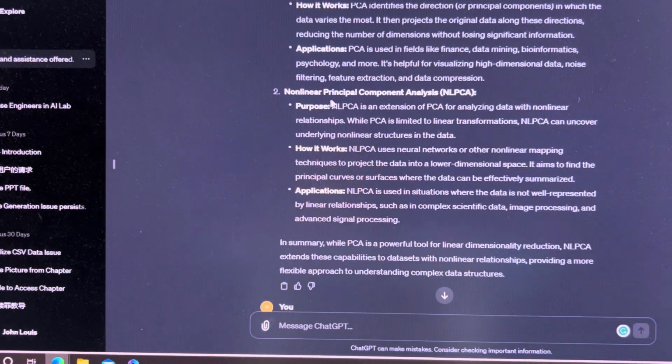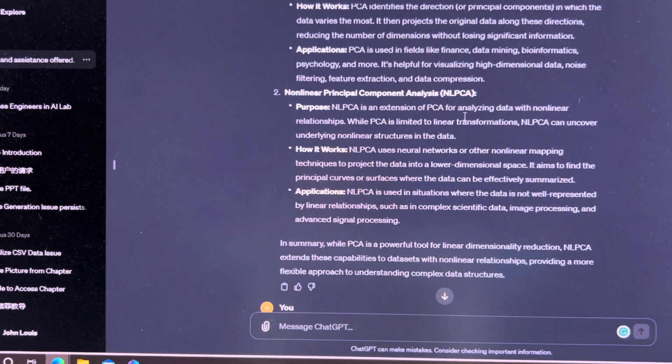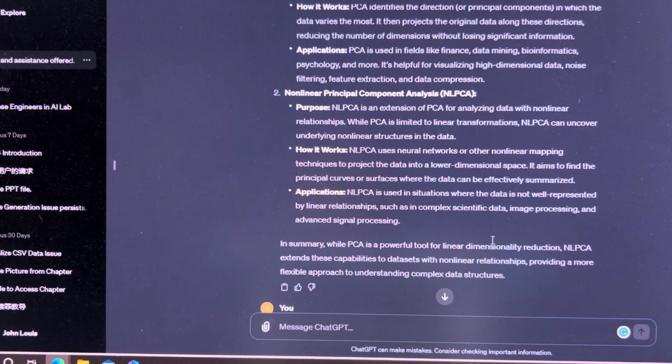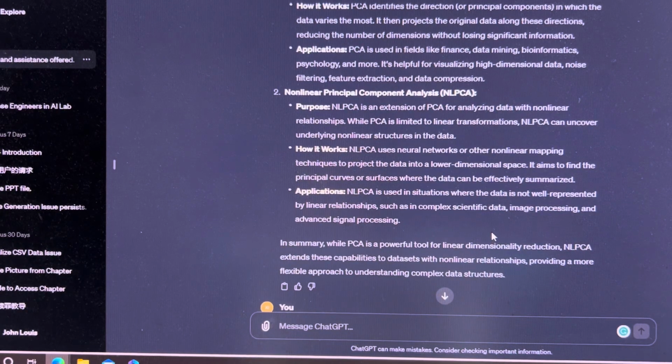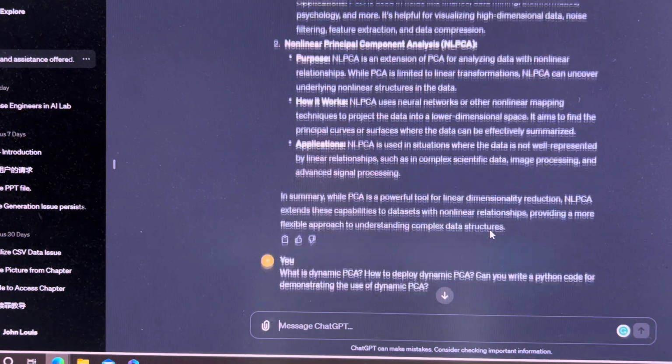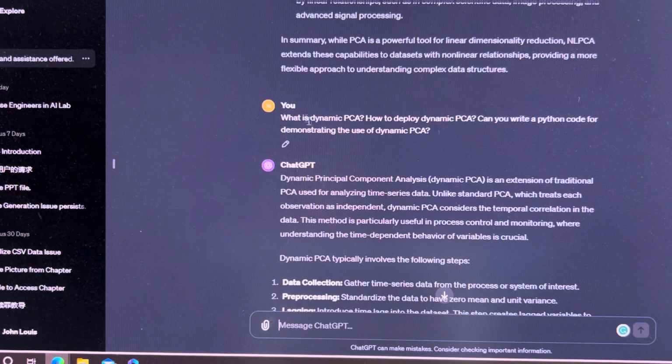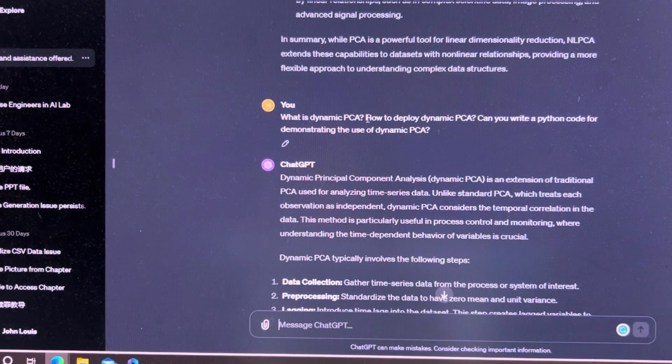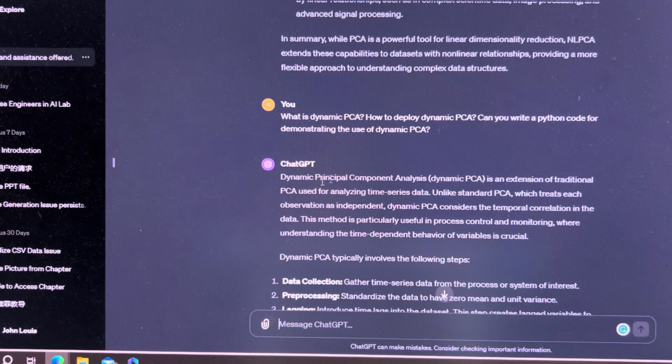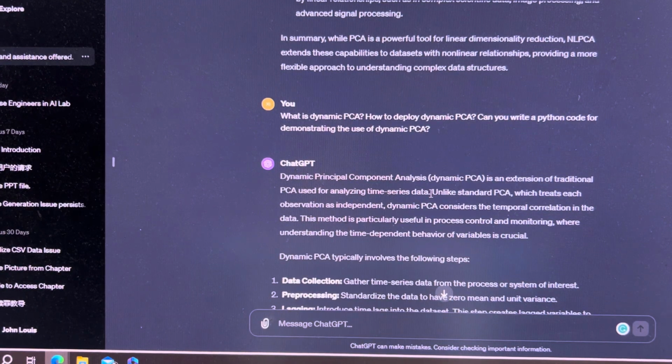What is nonlinear principal component analysis? It explained that it's an extension from the linear domain to the nonlinear domain, a very good explanation. Then I asked, what is dynamic PCA? It explains that dynamic PCA is an extension of traditional PCA used for analyzing time series data.